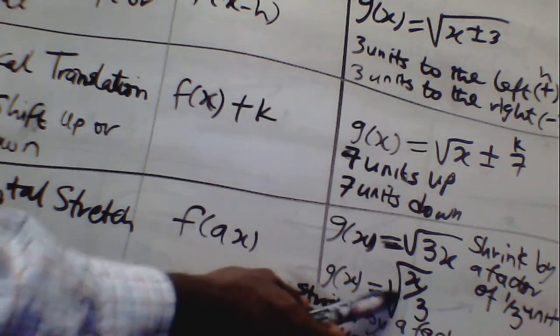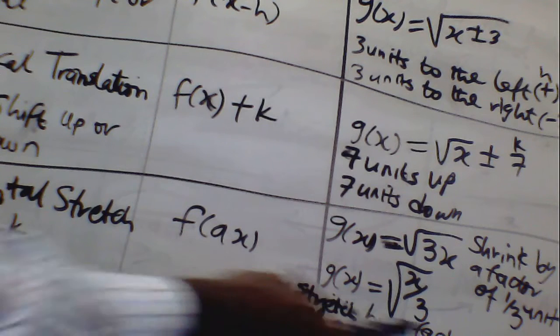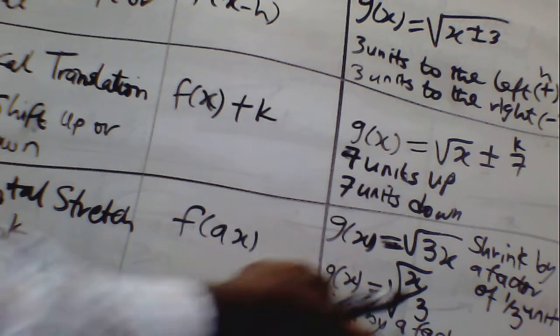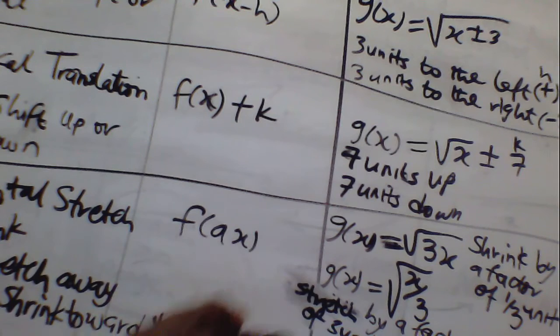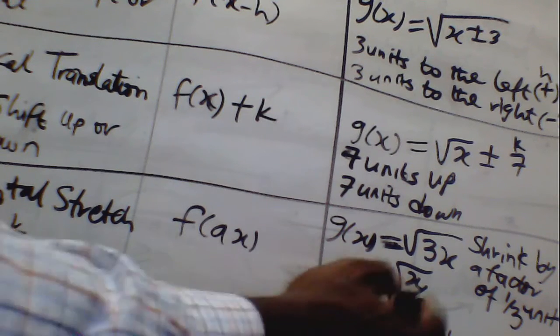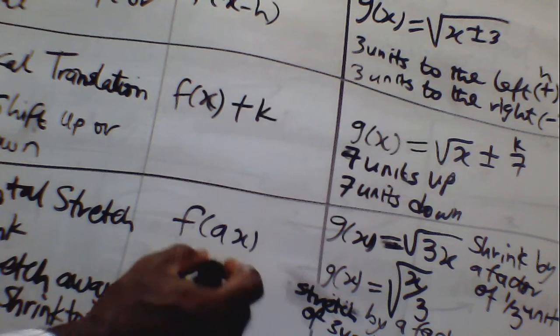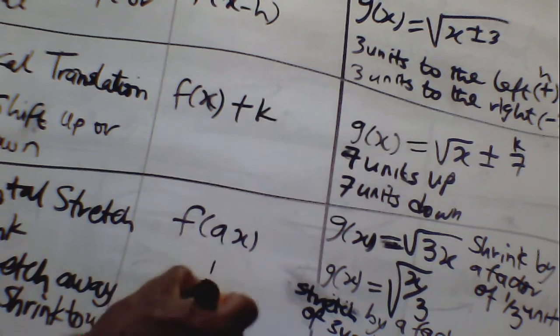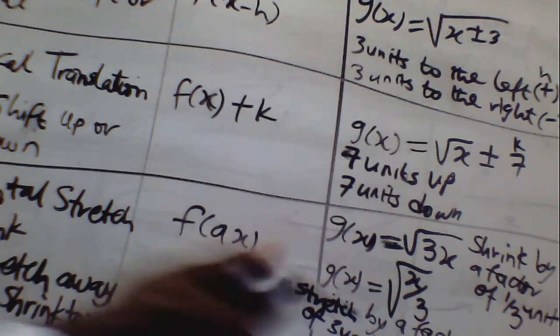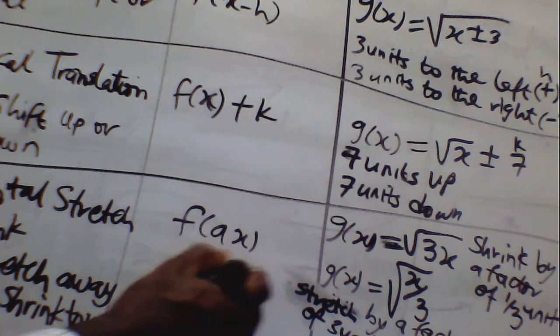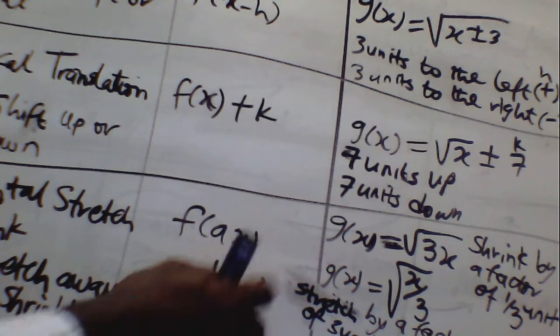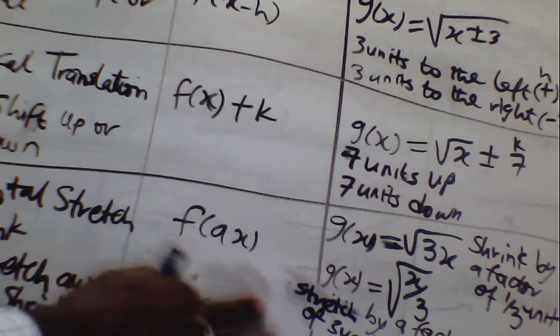So if it is in this form, stretch by a factor of 3 units, we have done that before. Find the reciprocal of it. To know what happened in horizontal stretch when you see a closed function, just find the reciprocal, 1 over 3. So it will shrink by 1 over 3. If you are given 1 over 3, the reciprocal will be 3. It will stretch.